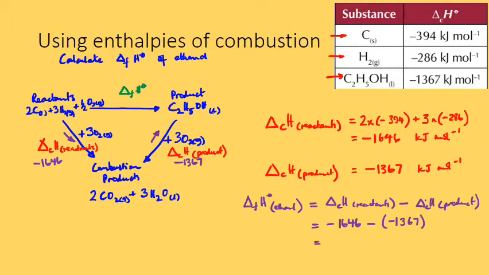If we put that into our calculator, we will get minus 279 kilojoules per mole. And that is our answer to the question we were asked right at the top here: what is the enthalpy change of formation of ethanol? Well, the answer is an exothermic 279 kilojoules per mole. Thank you very much.